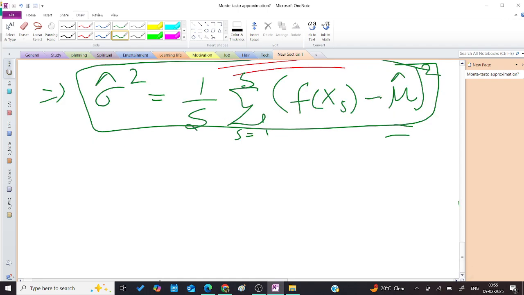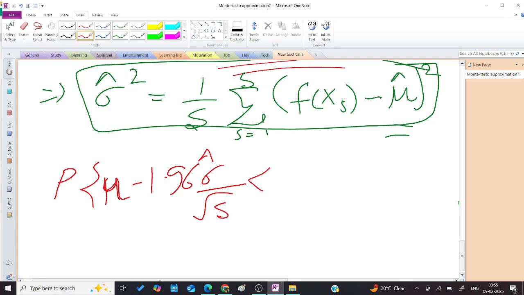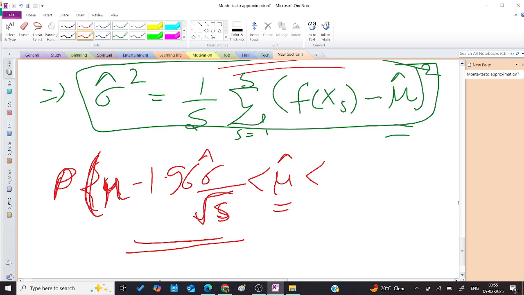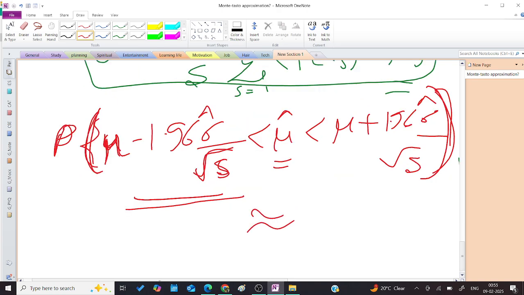And if you find this value, the probability of mu hat lying between actual mu minus 1.96 times sigma hat by under root of sample size, and actual mu plus 1.96 times sigma hat by under root of sample size, it will be given by 0.95.